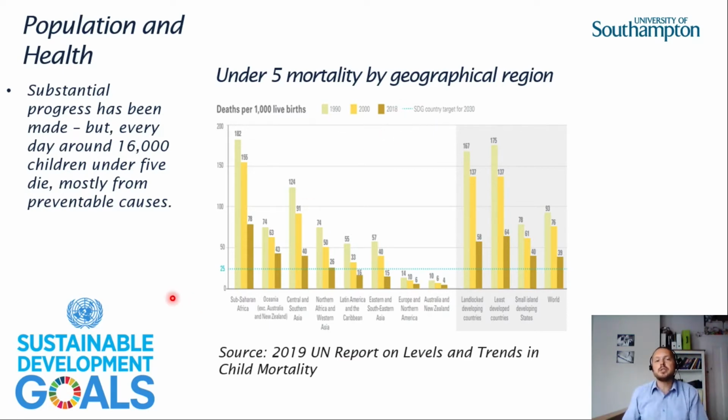But what this shows us is that in just about every single region on the planet, we have managed to halve the child mortality rate. That is an extraordinary achievement. In just one generation, we have managed to halve the child mortality rate in just about every single region of the planet. And that is incredible.